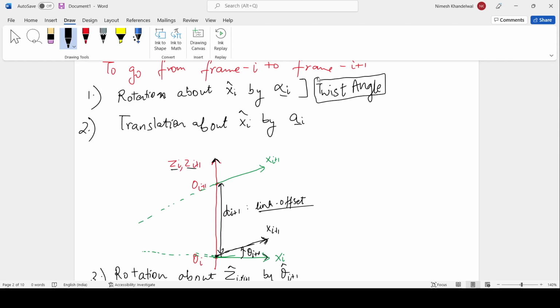This second transformation, we translated about xi by an amount ai, right? So this amount ai that we had to translate is called link length.